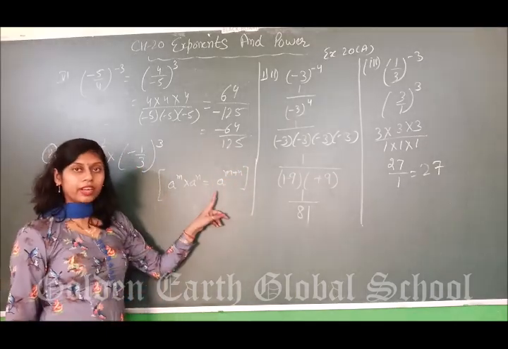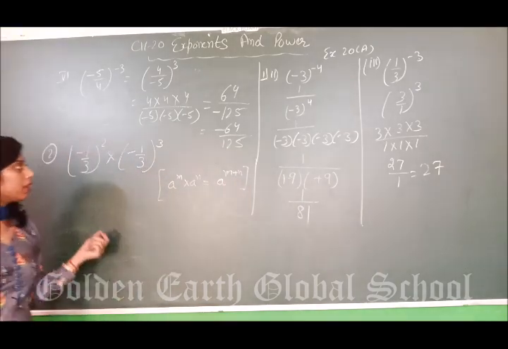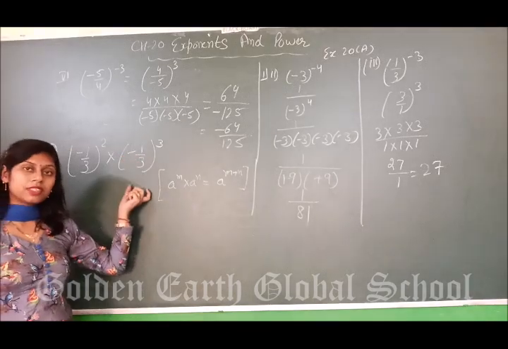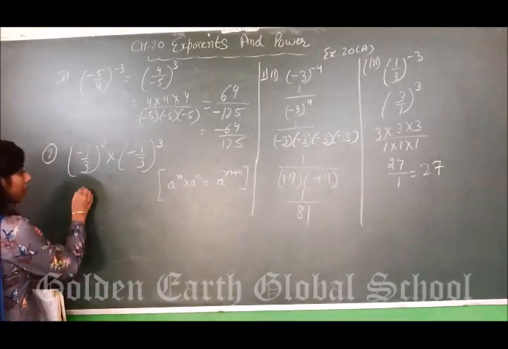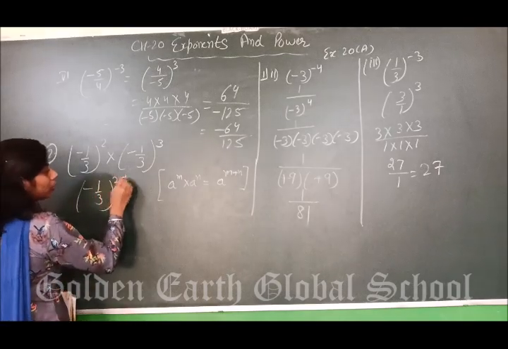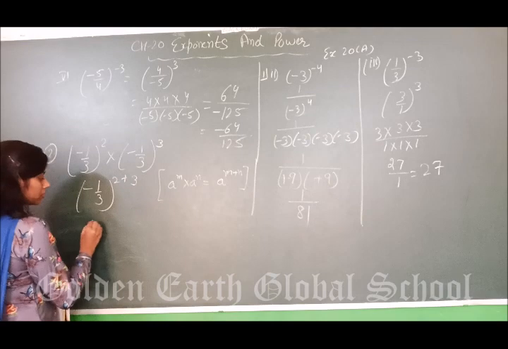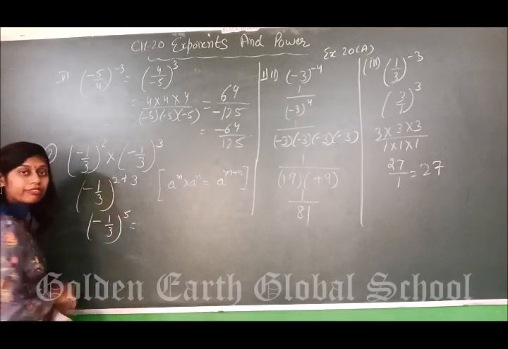The base will be written one time and the powers will get added. Here the base is the same, that is minus 1 by 3. So we will apply this result here: minus 1 by 3 and the powers get added, 2 plus 3. So minus 1 by 3 raised to power 5.